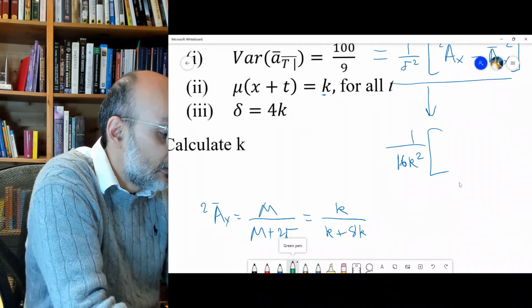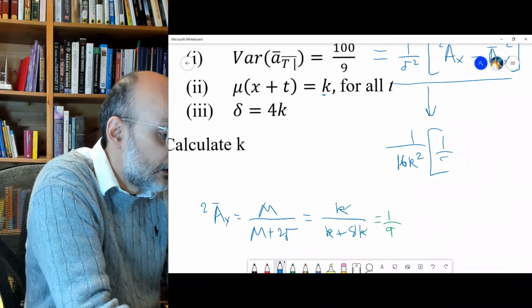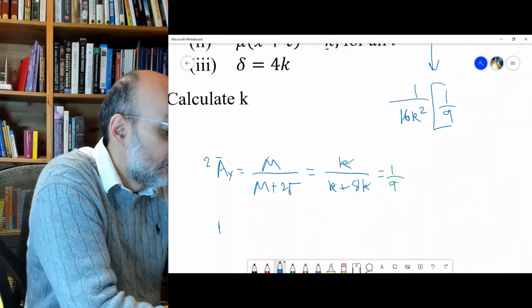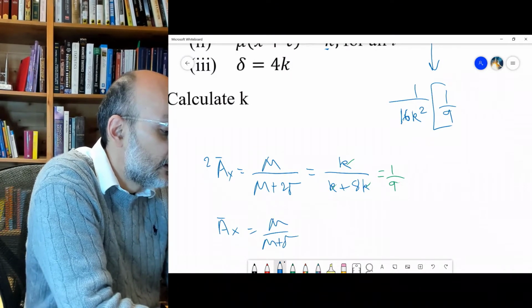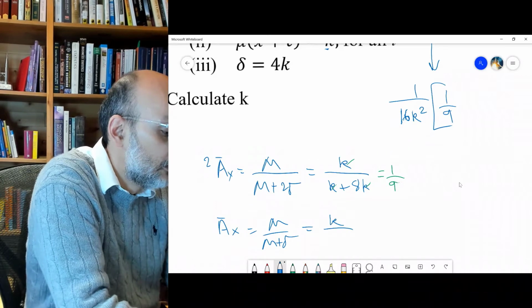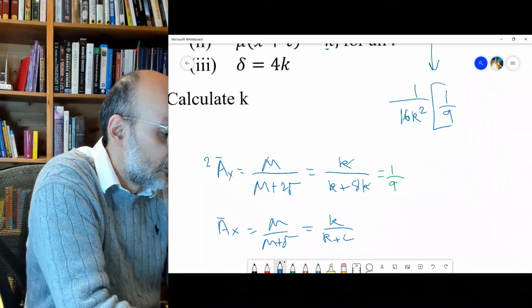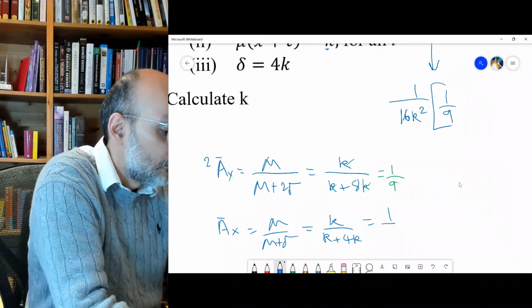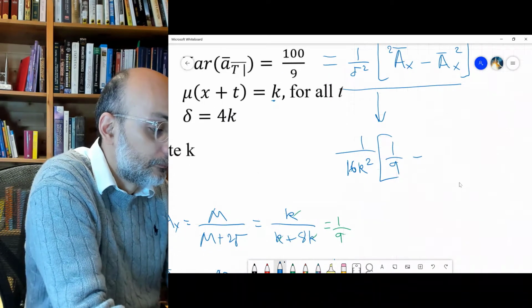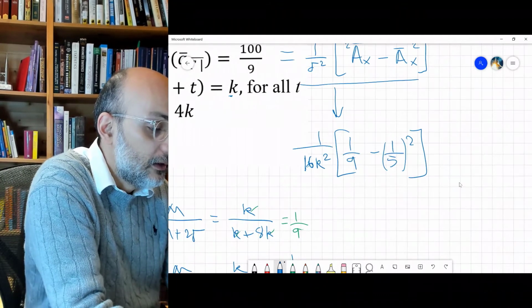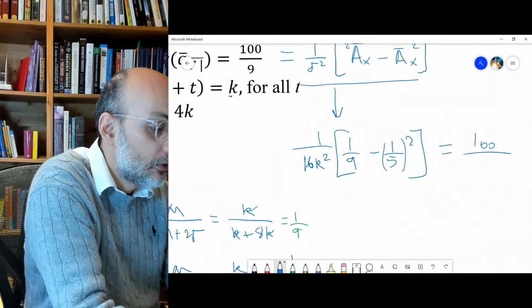If you cross out the k's, 1 plus 8 will be 1 over 9. So 1 over 9. Similarly, Ax will be mu over mu plus delta, which is k over k plus 4k. And this minus, and everything here should be equal to 100 over 9.